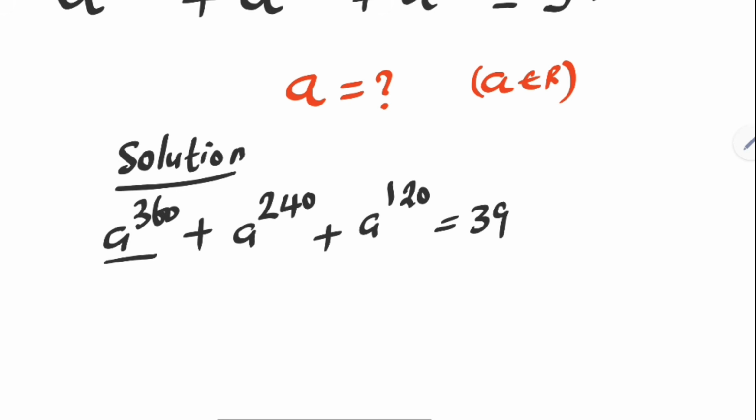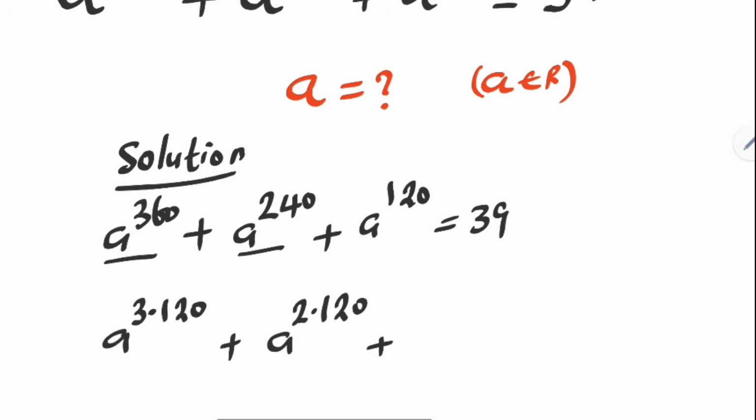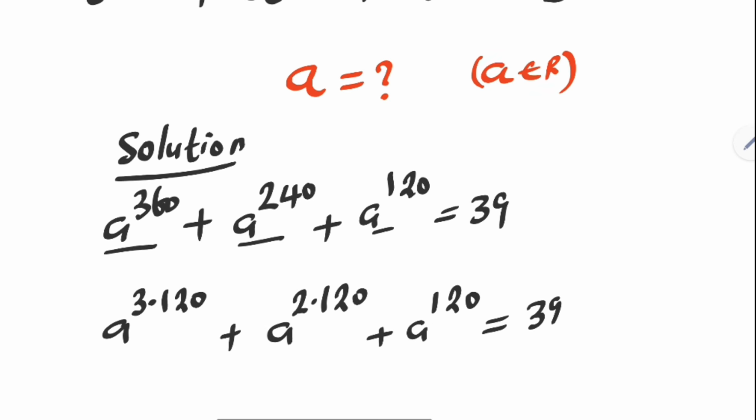This a raised to power 360 can be written as a raised to power 3 multiplied by 120, plus a raised to power 240 can be written as a raised to power 2 multiplied by 120, plus this a raised to power 120 is equal to 39.